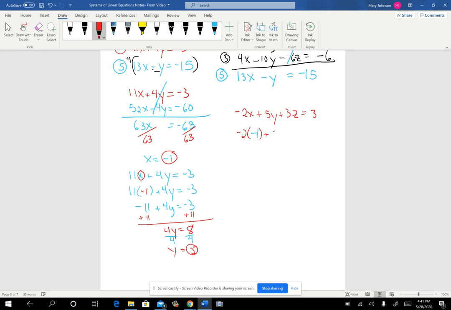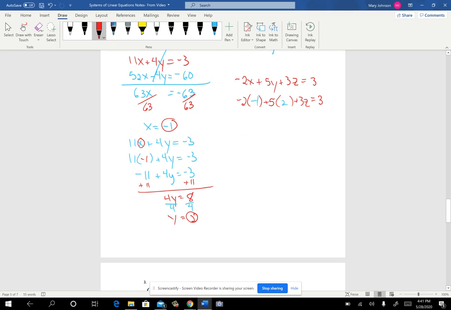Where the y is, I'm going to put 2. And then I don't know my z. Okay. And so I have just z is the only variable.